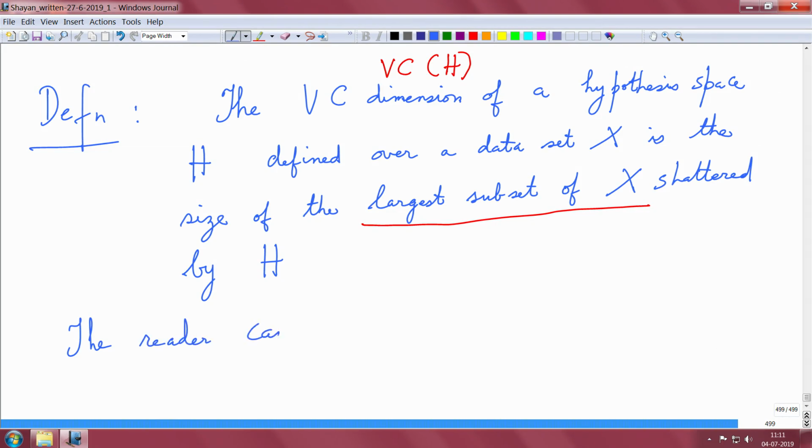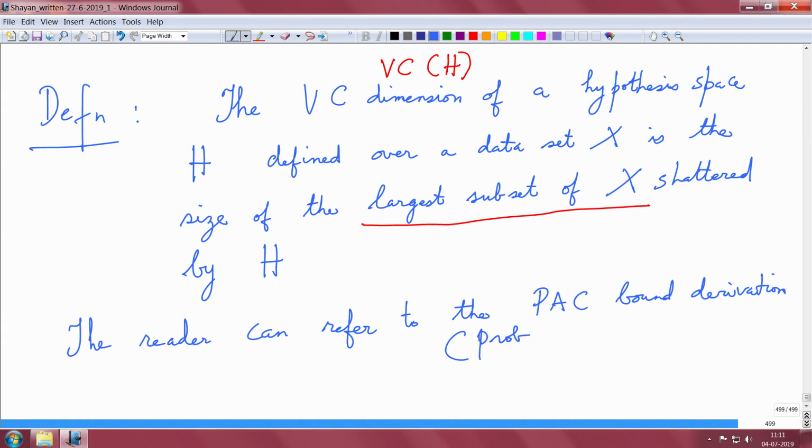The reader can refer to the PAC bound derivation. PAC stands for probably approximately correct.